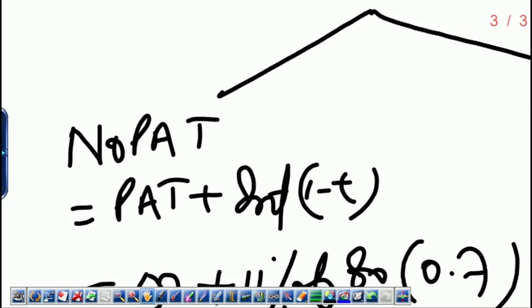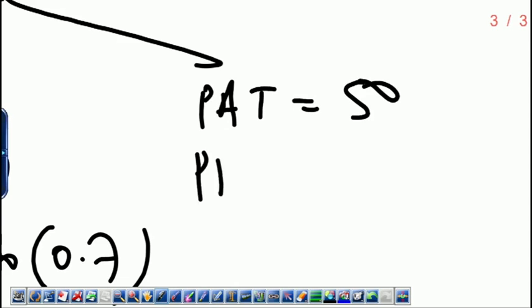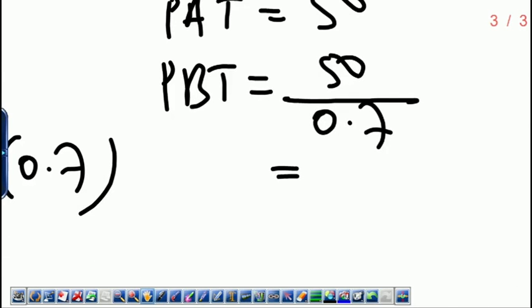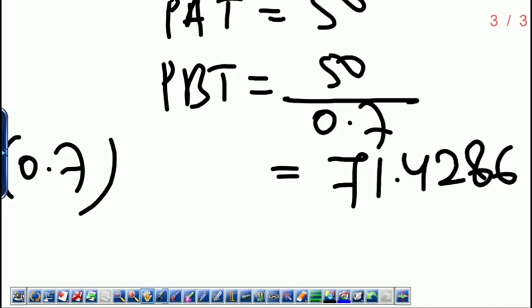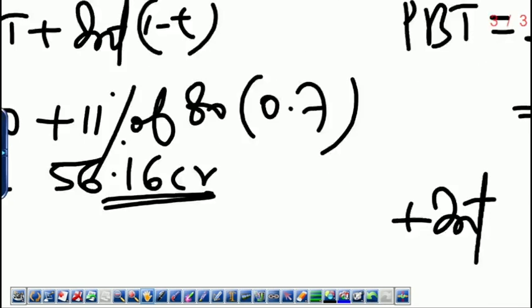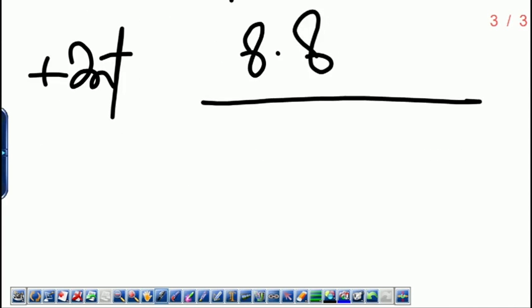But people don't like this method. The other method is you have the PAT, which is 50. So you calculate PBT, which is 50 divided by 0.7. 50 by 0.7 is 71.4286. Add interest, which is 11% of 80, which is 8.8, so you get EBIT.